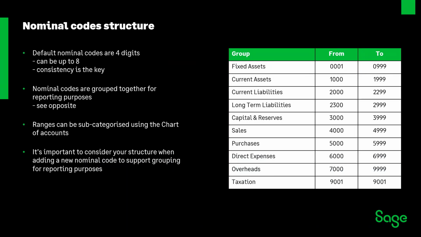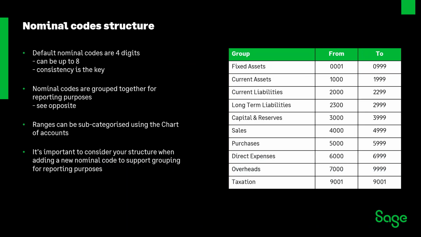Now, let's say I've got 4,000, and then I set up the nominal code, let's say 40,001. I'll quickly show you this, and why I'm trying to get across that consistency is the key. If you do a mixture of 4 digits, 5 digits, possibly more, I'm going to show you the way it sorts that.